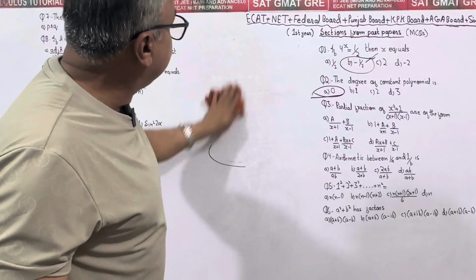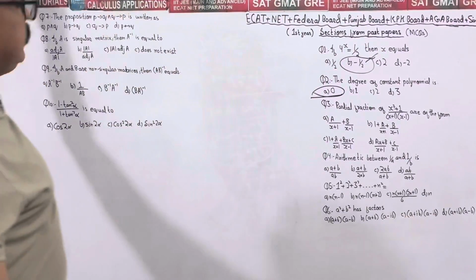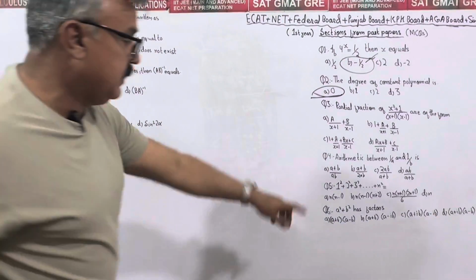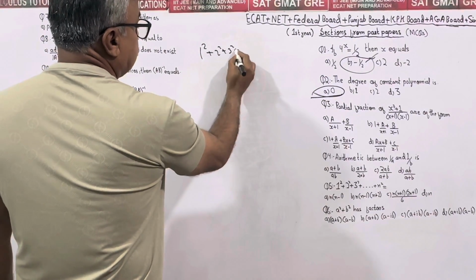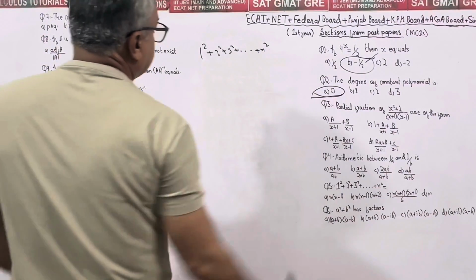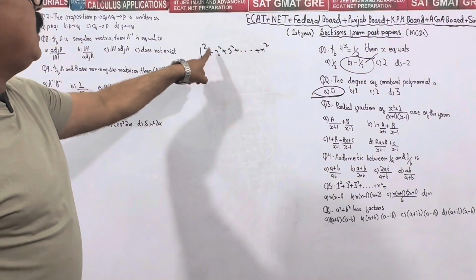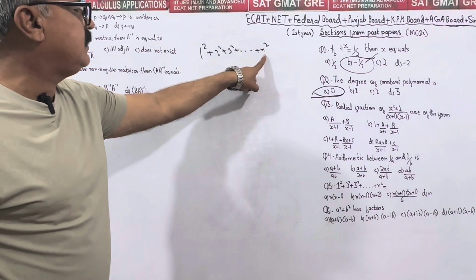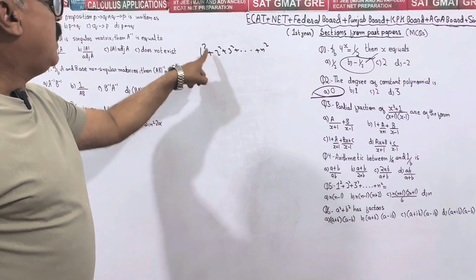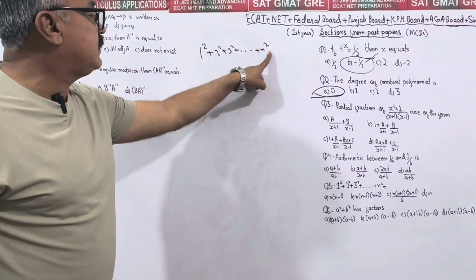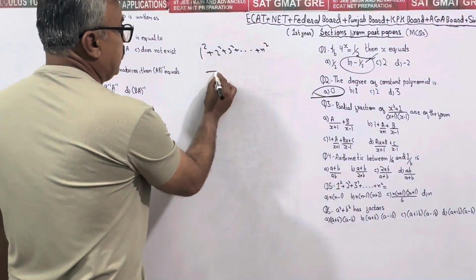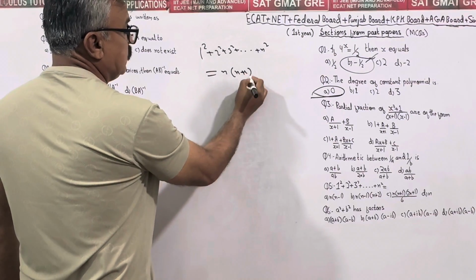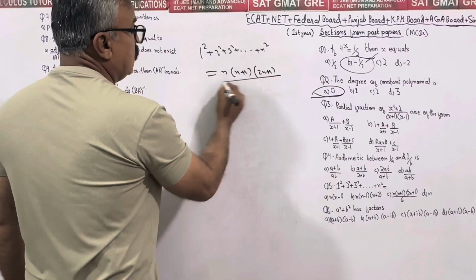Oh, a good one. Mostly these three types of sums are present. Let me write: 1 square plus 2 square plus 3 square and so on is equal to how much? Sum of squares of the first n natural numbers is given by n times n plus 1 times 2n plus 1 over 6.